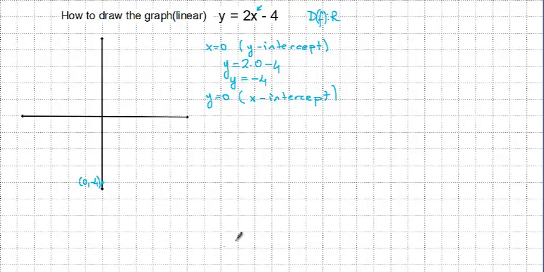What about the second value? y equals 0. So y equals 0 means 0 equals, replacing in this function, 2 times x minus 4. So 2x equals 4, x equals 4 over 2, and x equals 2. The coordinates of the point are (2, 0), this point.